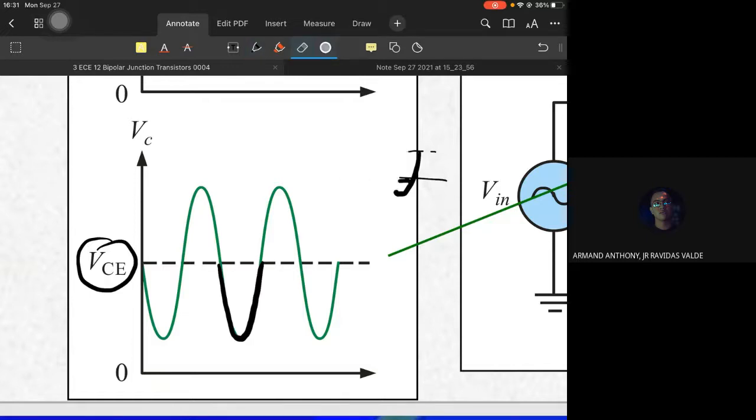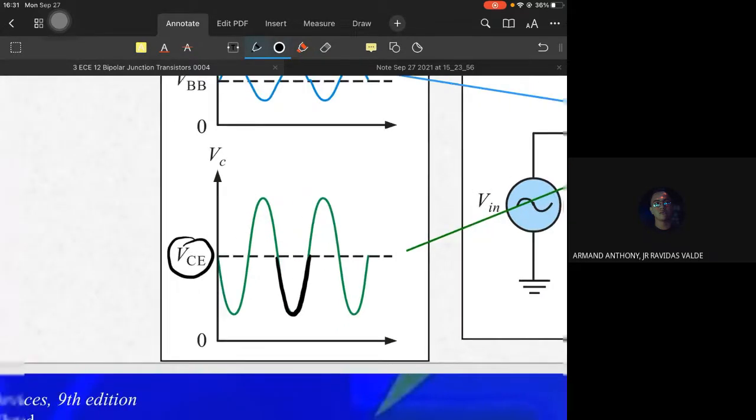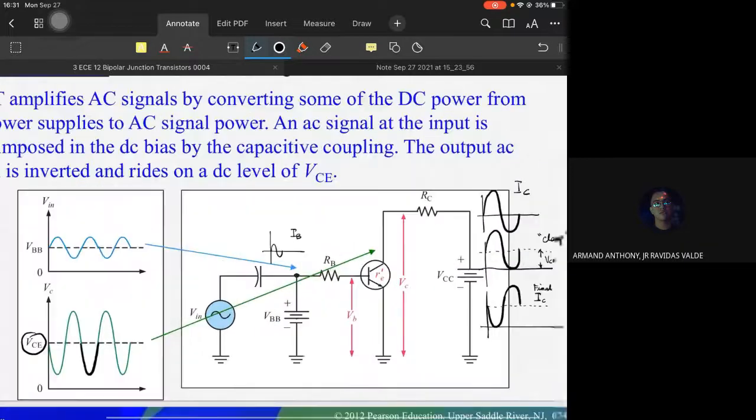So we should choose appropriate values for our resistors for VCE to be high enough to accommodate the negative half cycle of our signal.